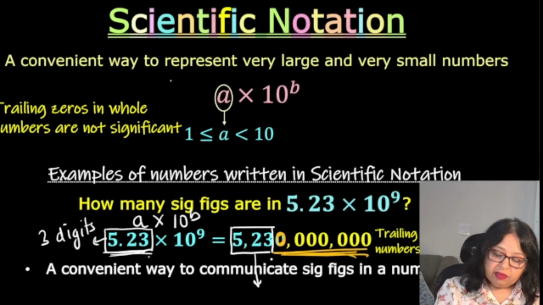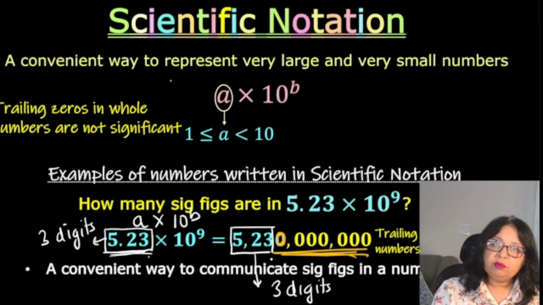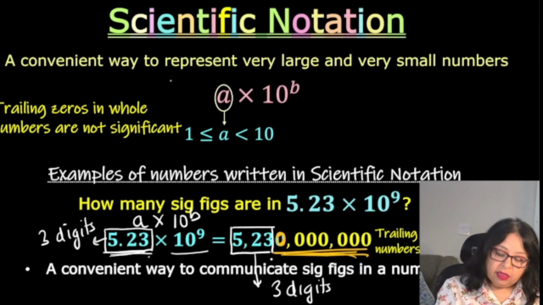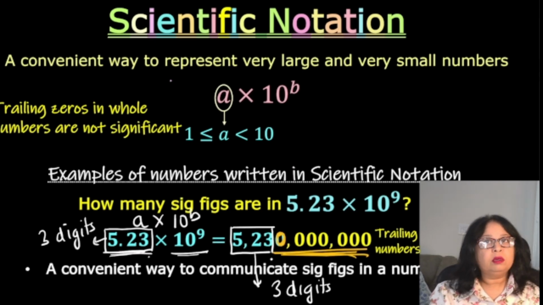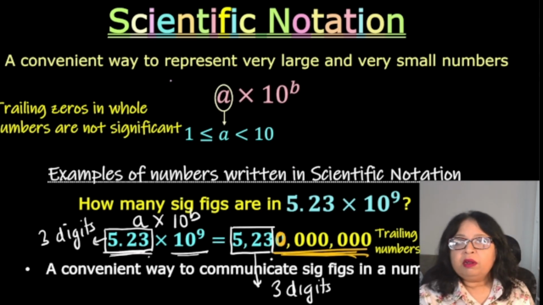On the right hand side, we already know that there are 3 significant digits. Therefore, on the left side as well, I should have only 3 sig figs, and the coefficient a alone has 3 digits. That implies that this factor, 10 to the power b, in this case 10 to the power 9, does not have any significant digits. Therefore, all the significant digits in a number that is written in scientific notation must be in the coefficient a alone. I hope that this little argument made sense.